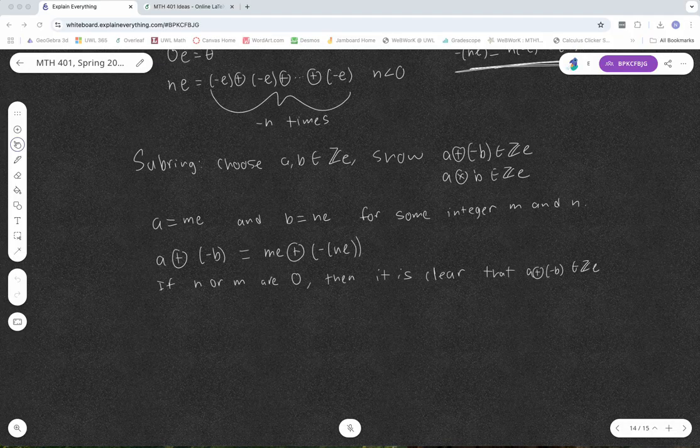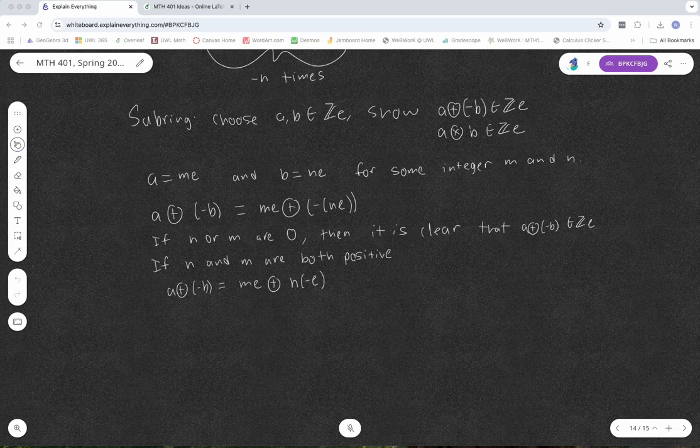All right, so now maybe if N and M are both positive, now there's a little work to do. Then A plus negative B is ME plus, I'm going to do that version of negative NE, because since N and M are both positive, this is pretty straightforward.